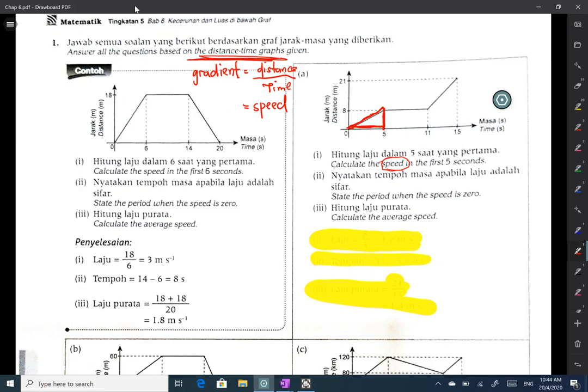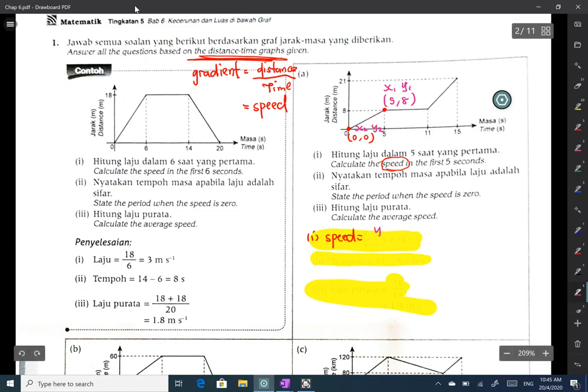Okay, this point is at 5, and this point is 0 and 0. So the speed is equal to, we must start from x first, so x1, y1, x2, y2.